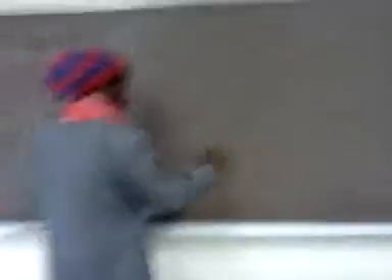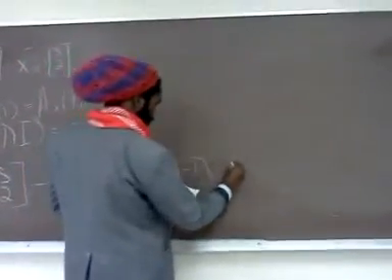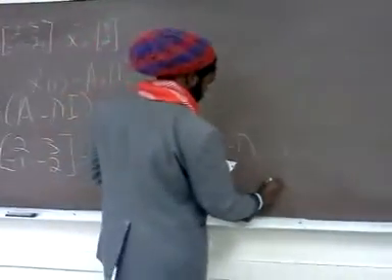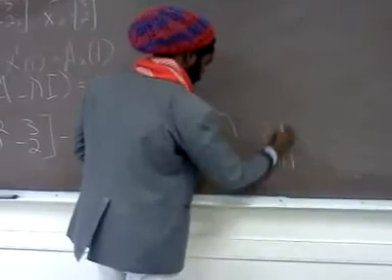Now, once we have that, it's going to correspond to 2 minus lambda, 3, negative 1, and negative 2 minus lambda.